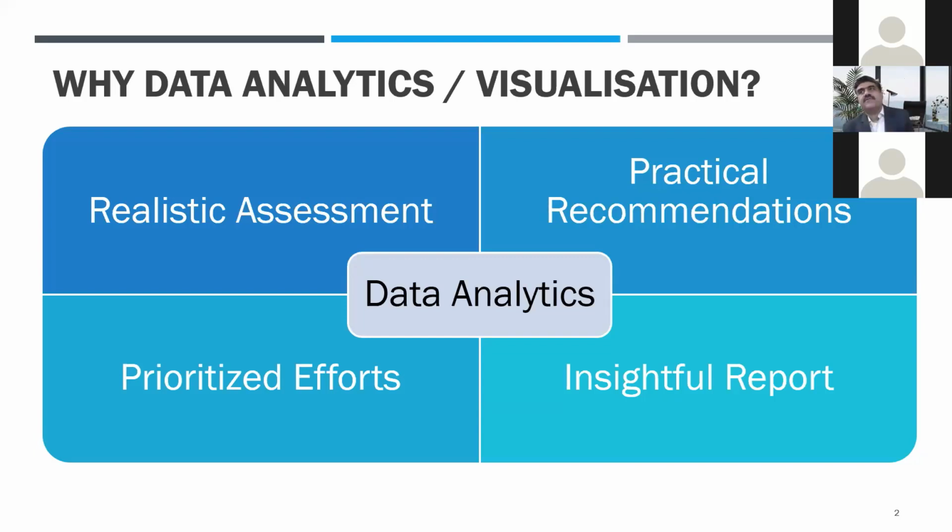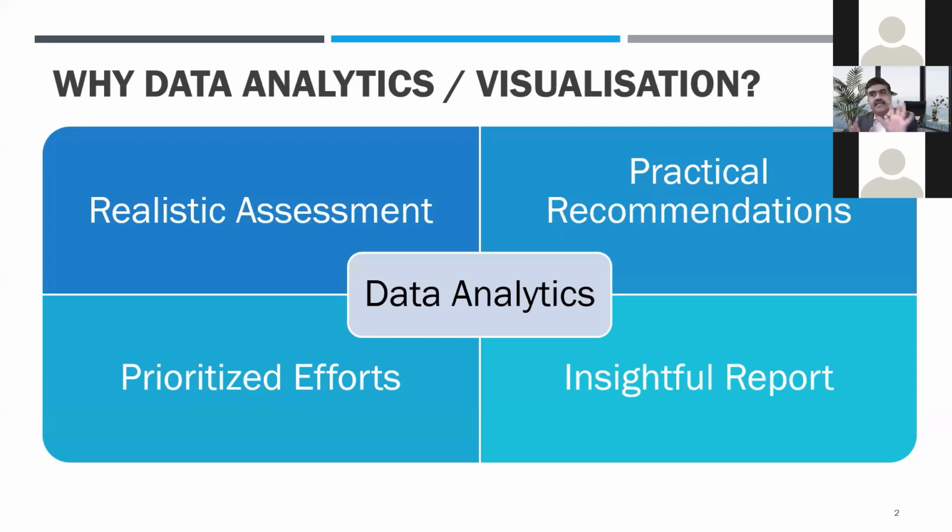So these are the two specific aspects. Now, the third aspect I talked about here is prioritized efforts. These prioritized efforts are applicable both from the internal audit perspective and from the management perspective. Let me first talk about the internal audit aspect. As part of our internal audit planning process, before we start field work, we perform data analytics around planning, in the sense of what the top vendors, top customers or top expense heads are.